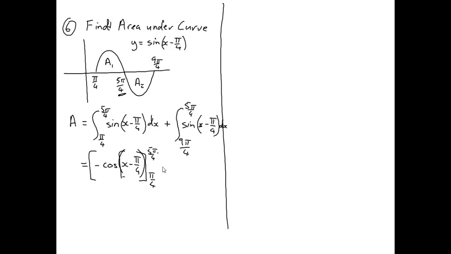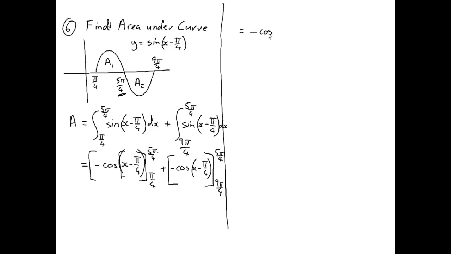And then we're going to plus the same thing again, minus cos(x minus pi on 4), and this time with upper limit 5 pi on 4 and lower limit 9 pi on 4. Well, what have I got?